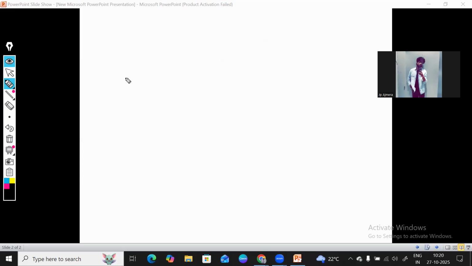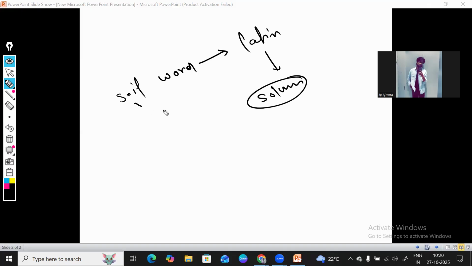So the first line is saying the word soil is taken from a Latin word. What is that Latin word? That Latin word is solum. The word soil is derived from solum, which is basically a Latin word.